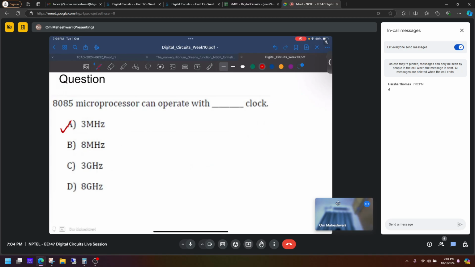So 8085 can actually operate between 3 megahertz to 6 megahertz. This is the operating clock frequency range for 8085. So the answer is option A.